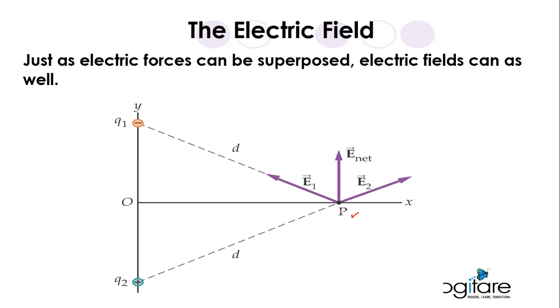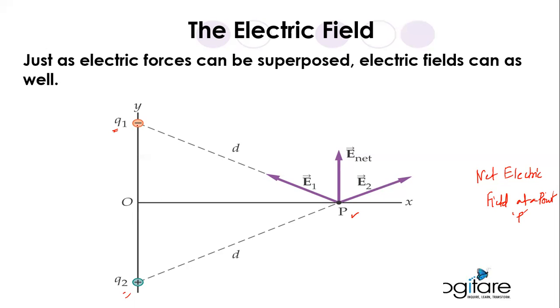No. What you're trying to say is, you have a point P here, and you are trying to find the net electric field at a point because of Q1 and Q2, meaning you have a system of charges. Are you following this? Yes, sir.